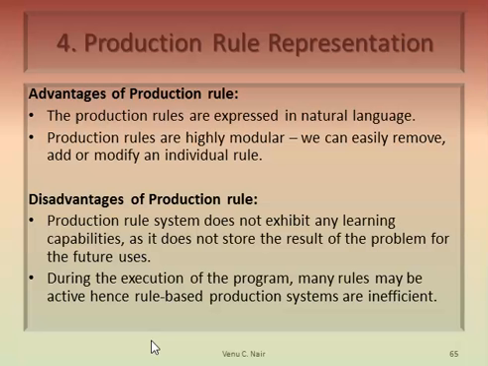Whenever the program is in execution, there may be rules available, which are known as active rules. We are not using all the rules for the current state, because we are selecting rules for the current state from the knowledge base. So there may be other rules also in the working memory, hence it is called an inefficient system, based on the number of rules present in the working memory.